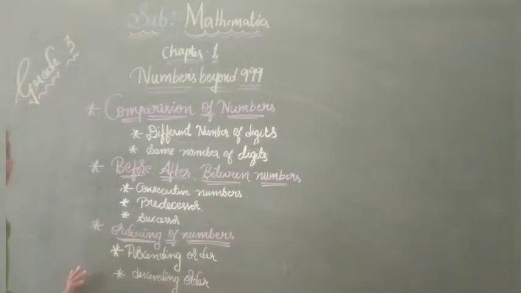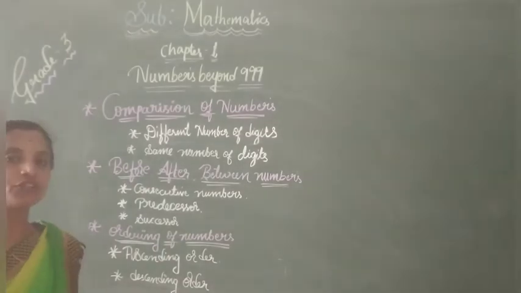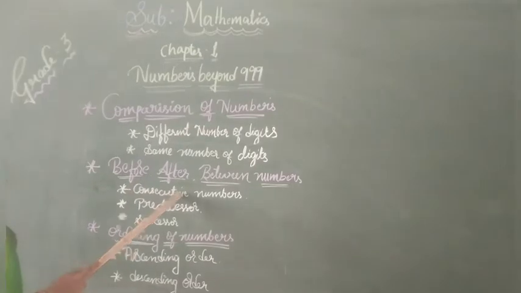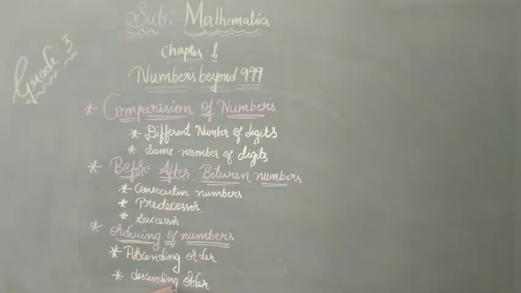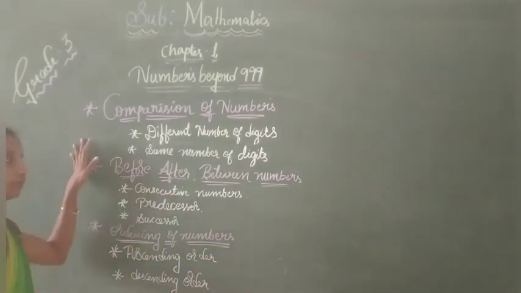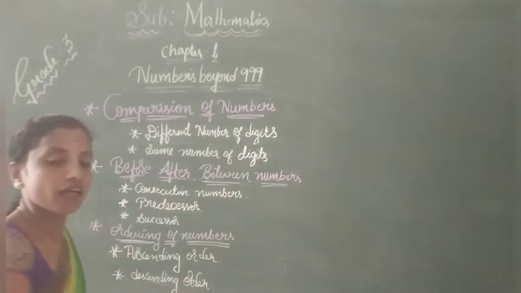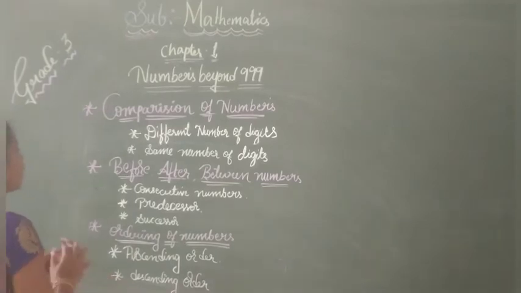What are the topics we are going to learn today? Comparison of numbers, before, after, between numbers, and the ordering of numbers. Is it clear? First, we discuss the comparison of numbers.